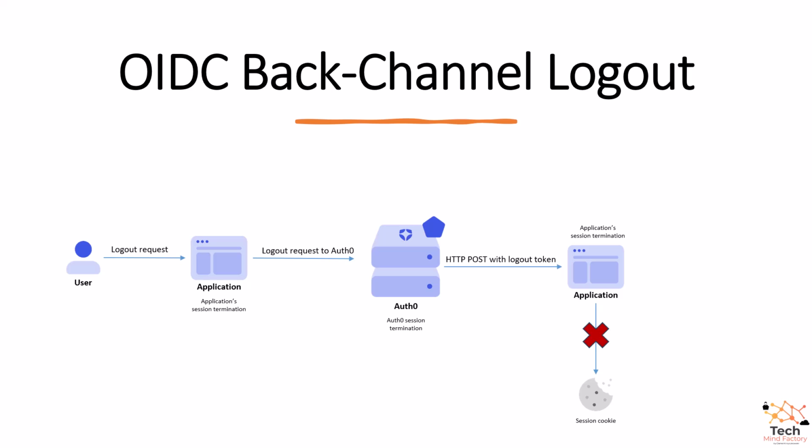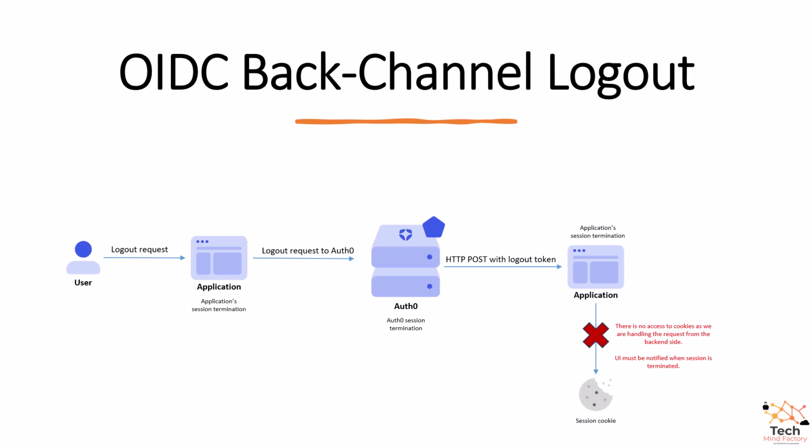We cannot say, okay, I received the request from Auth0, so now let's clear the application session cookie from the browser. We cannot do it directly from the backend side, obviously. So there is no access to cookies as we are handling the request from the backend side. That's very important. So the UI must be notified when the session is terminated. If we have our web application, we have to notify the UI that there was some change, the user logged out.